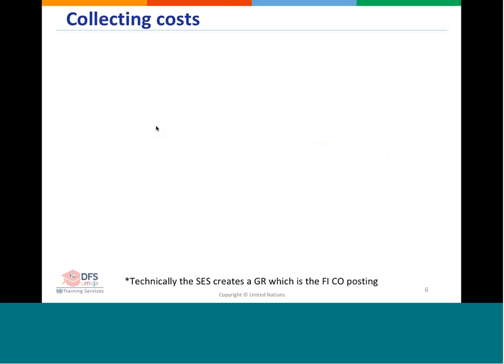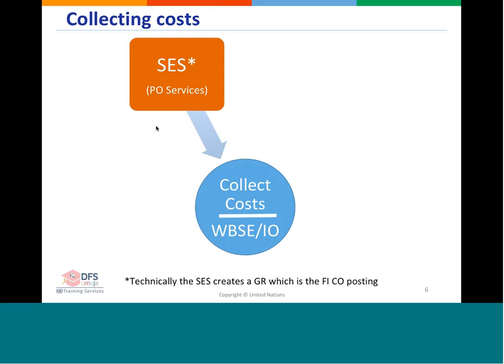In this slide, I'm going to show you another view and why it is important to pay attention to the process of collecting costs. When we collect costs from service entry sheets of the POs for services that we are placing against the project, meaning, for example, if we are procuring materials that will be used to self-construct a project, and we are also procuring a service, which can be freight services or another type of service, these services will be attributable to the project.